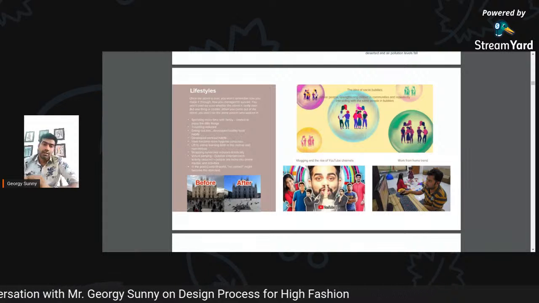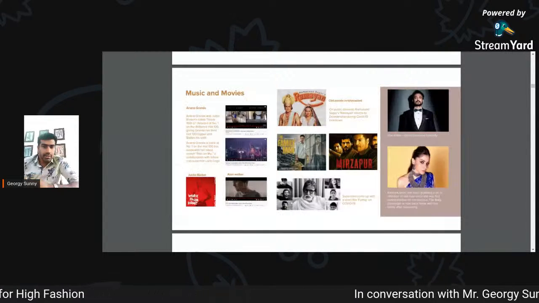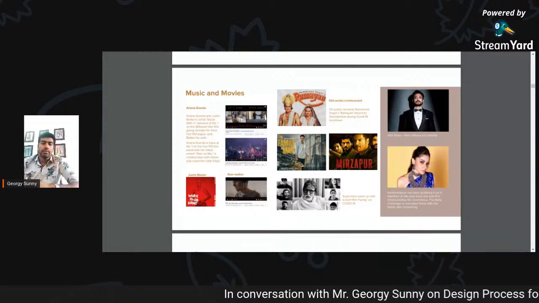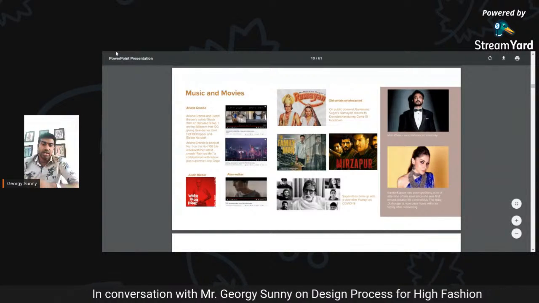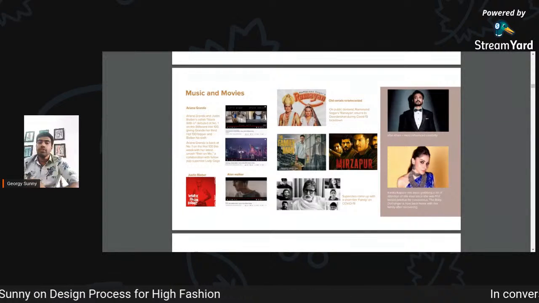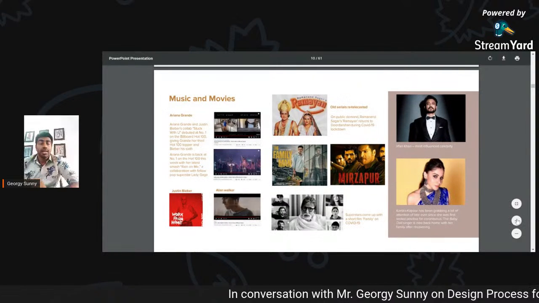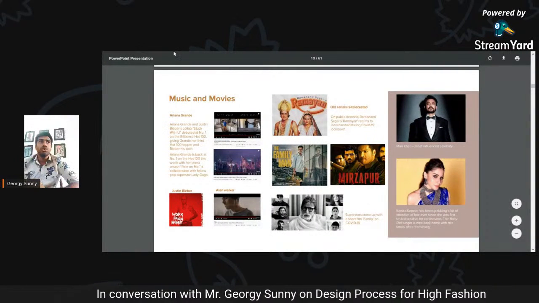Okay, if you see the next slide. Yeah, this is also more talking about work from home, that kind of culture. And if you see the entertainment industry, many of the industries are facing a real crisis at this time. But if you see the entertainment industry and gaming industry, they have huge profits.